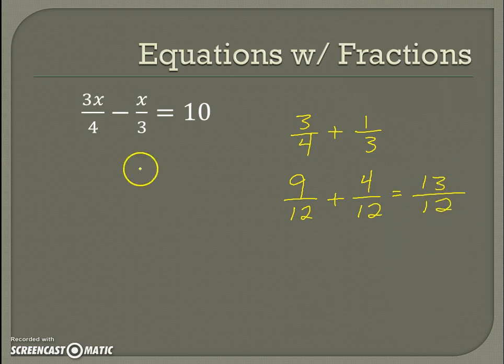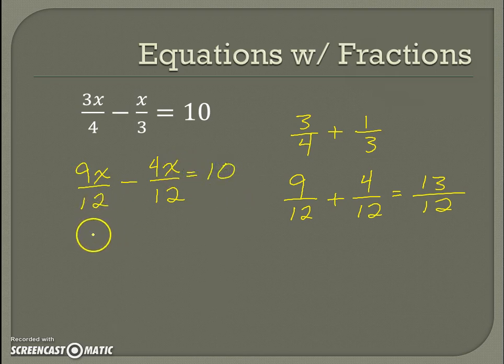You're going to do the same thing down here. You have to think, what is the least common denominator between these two things, and how do I get there? So 4 times 3, so 3x times 3 is 9x. And then here, 3 times 4, so I have x times 4, which is just 4x. And that still equals 10.